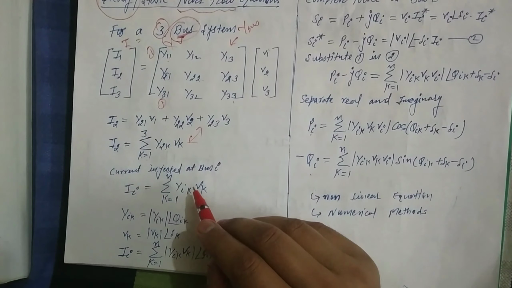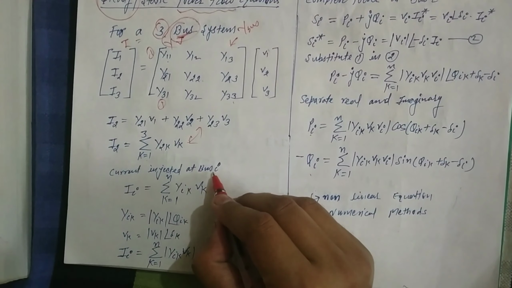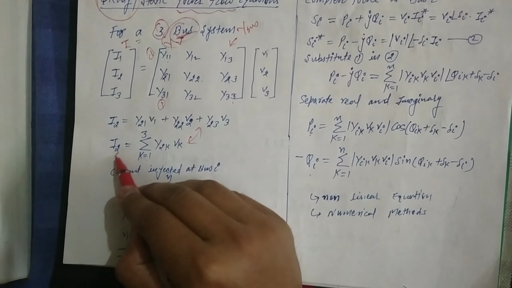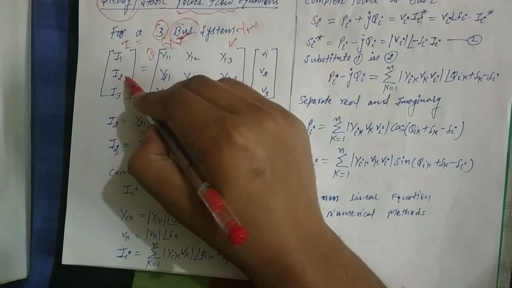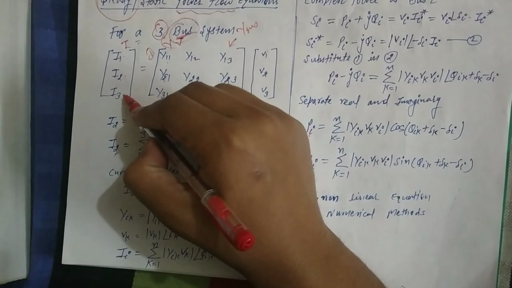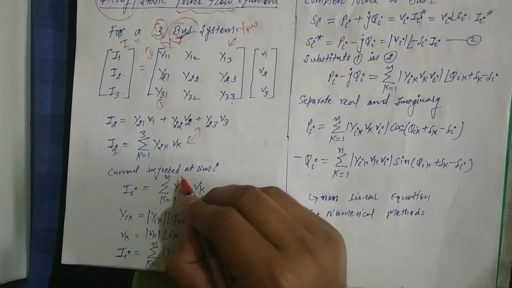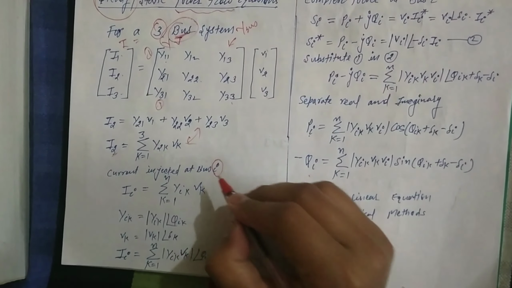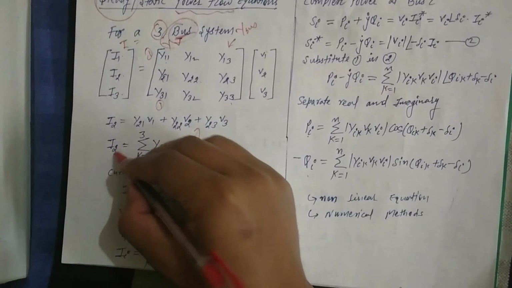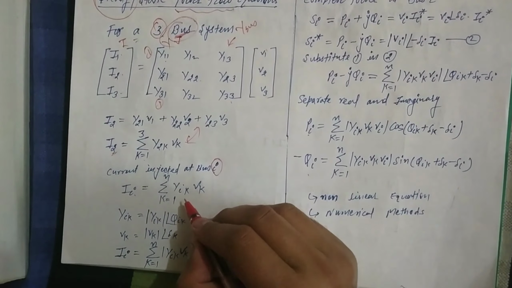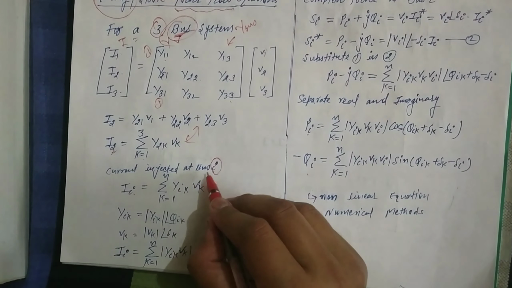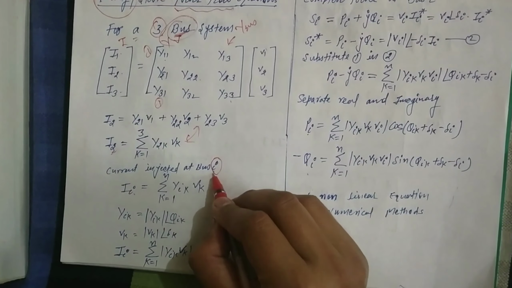And now, current injected at bus i. If this is bus number 2, as I have already told you, row 1 is for bus 1, row 2 is for bus 2, and row 3 is bus 3. Now, current injected at bus i, I am writing in place of 2 as i, K equals 1, 2, and if n buses are there in the system, how can we find the current injected at bus i?